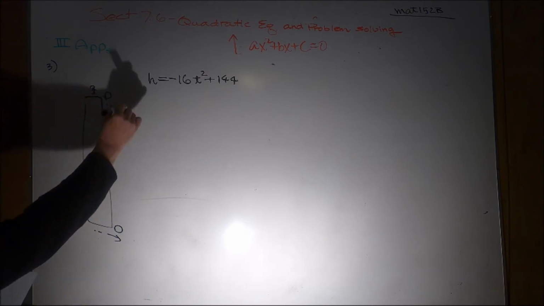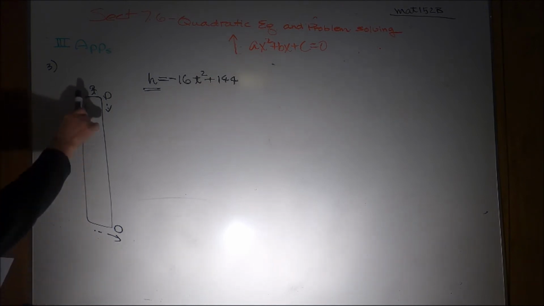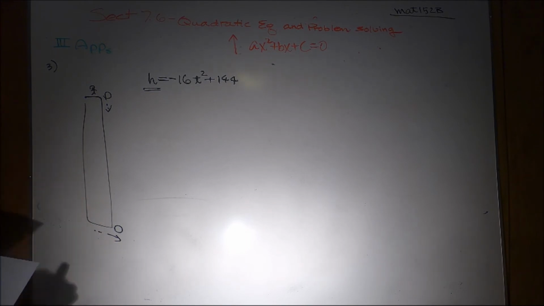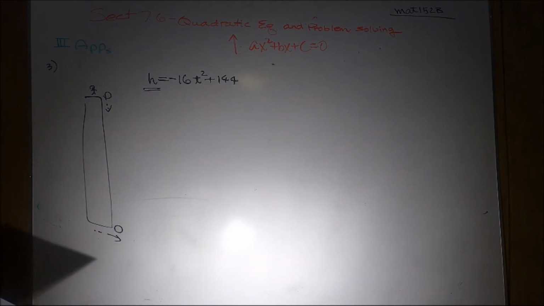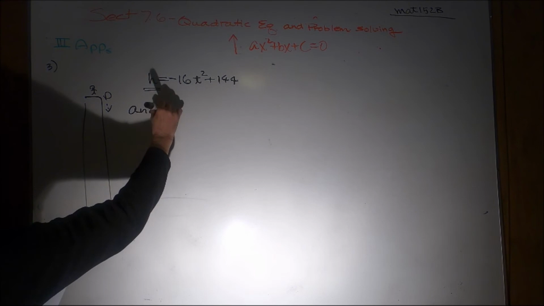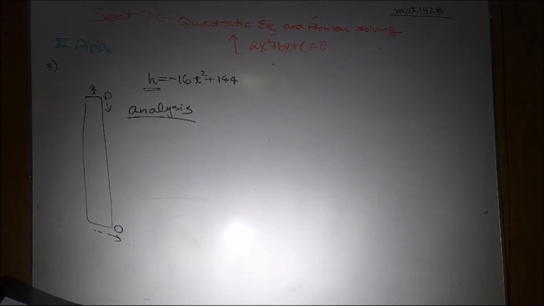It says the height of the object, that's your water balloon, above the ground after t seconds is given by the equation. We don't really know what it's talking about. So let's just follow through, do some analysis, and see what happens according to what they say.